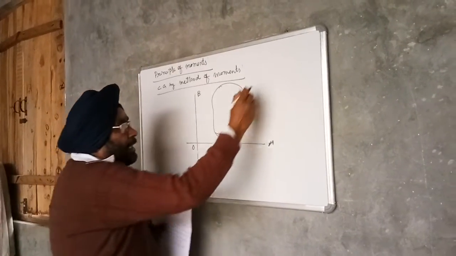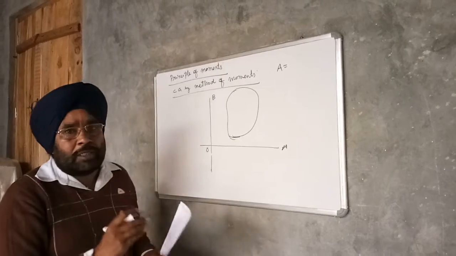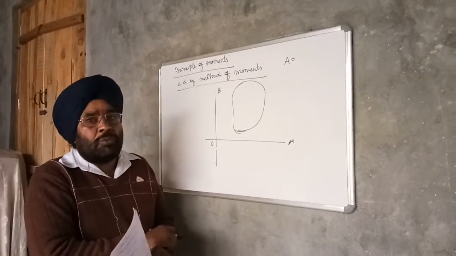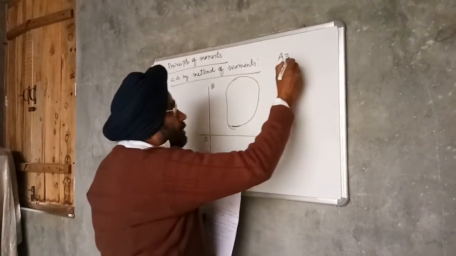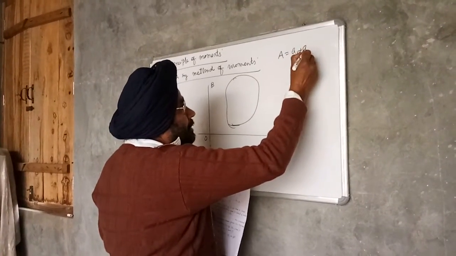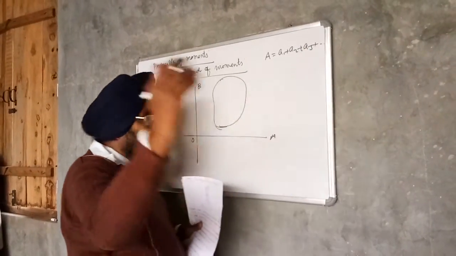It is assumed that this total area consists of small areas A1, A2, A3 and so on.